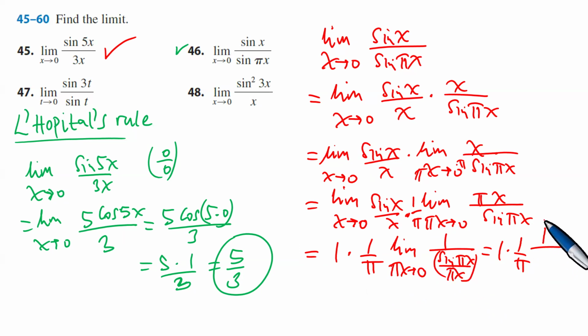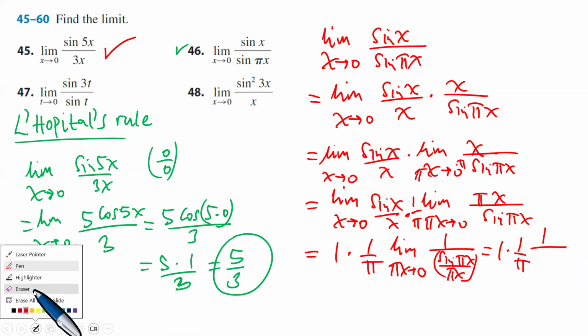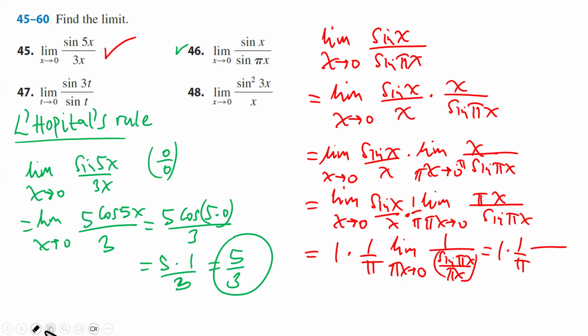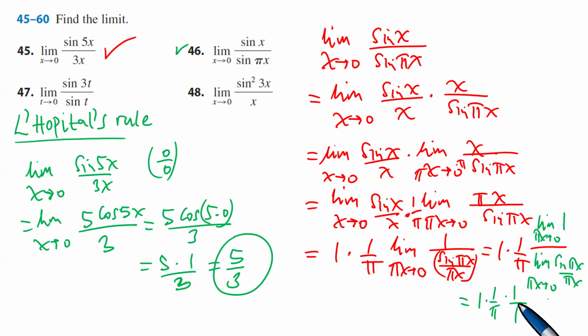You can just take the limit of the top and the bottom if it's necessary. Let's just put some green color to spice it up a little bit. So we have the limit as pi x approaches 0 of 1, and the limit as pi x approaches 0 of the sine of pi x over pi x. The top is 1, the bottom is 1, and then it's 1 over pi. So as a consequence, this limit is 1 over pi.